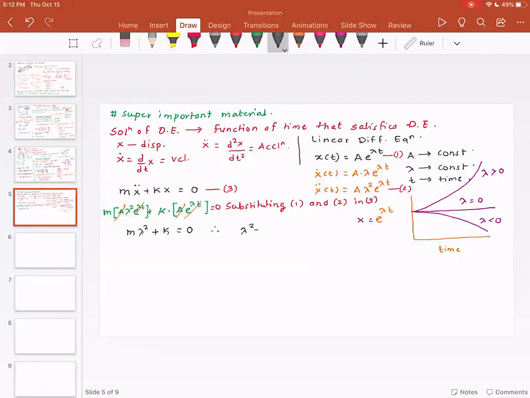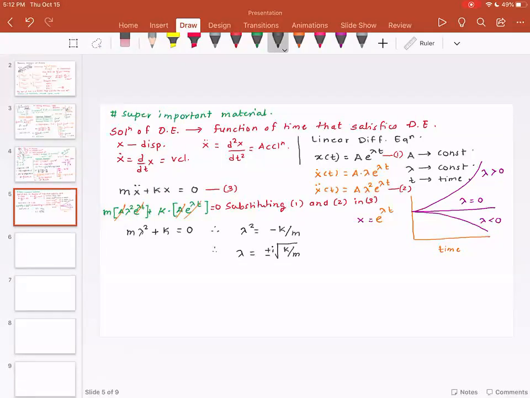So lambda square is equal to minus k by m. In other words, lambda is equal to plus minus square root of k by m, times i.